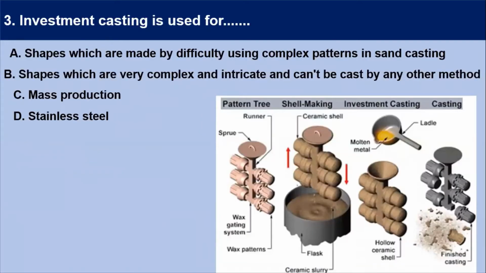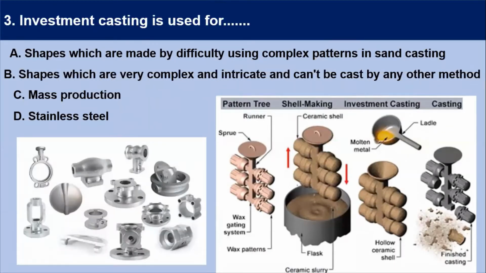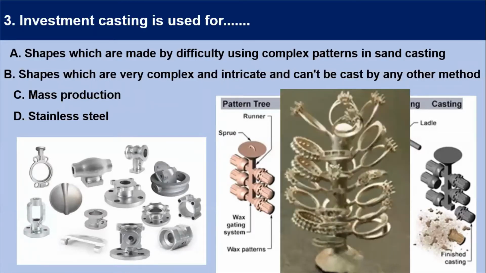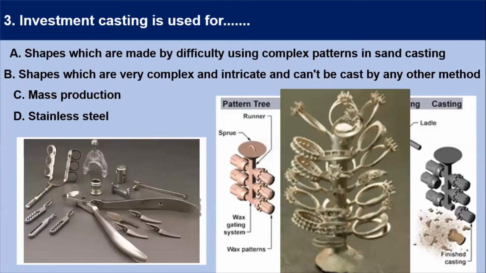Next, investment casting is used for. Here I have shown that investment casting is used for making complex shapes, such as the pipe fitting equipment, then the jewelry items. Here I also shown the example of surgical instruments.